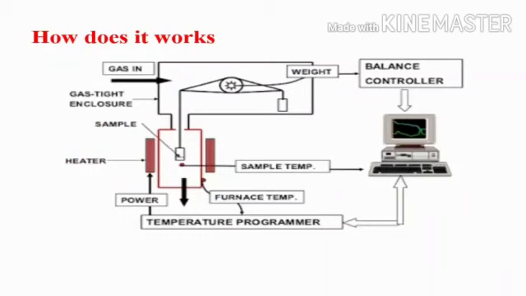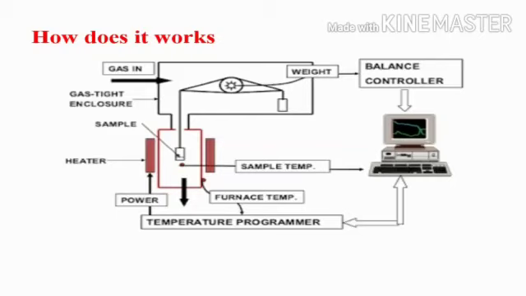Let us discuss the working of this instrument. First of all, temperature of the sample is sensed by the temperature sensor, that is thermocouple. This temperature is sent to the computer and the computer sends information to the temperature controller to increase the temperature.